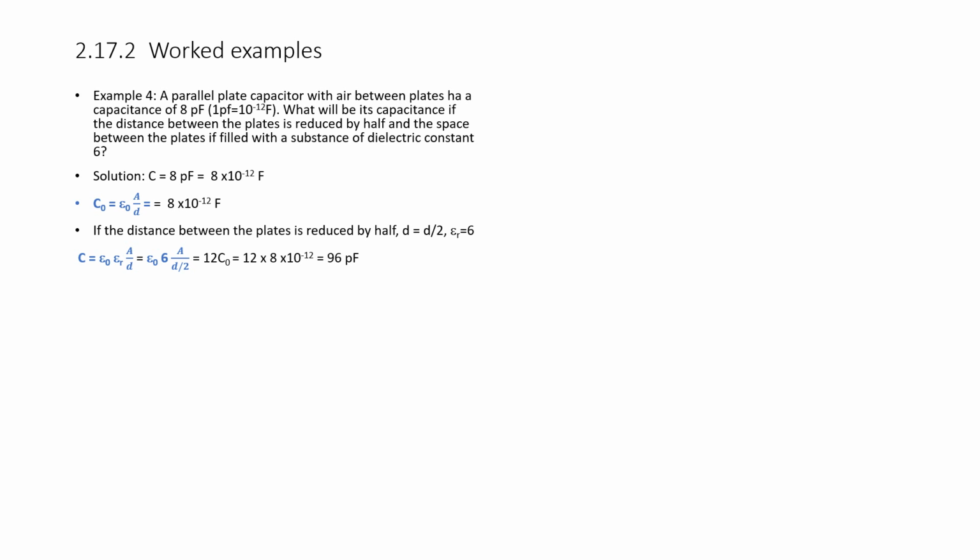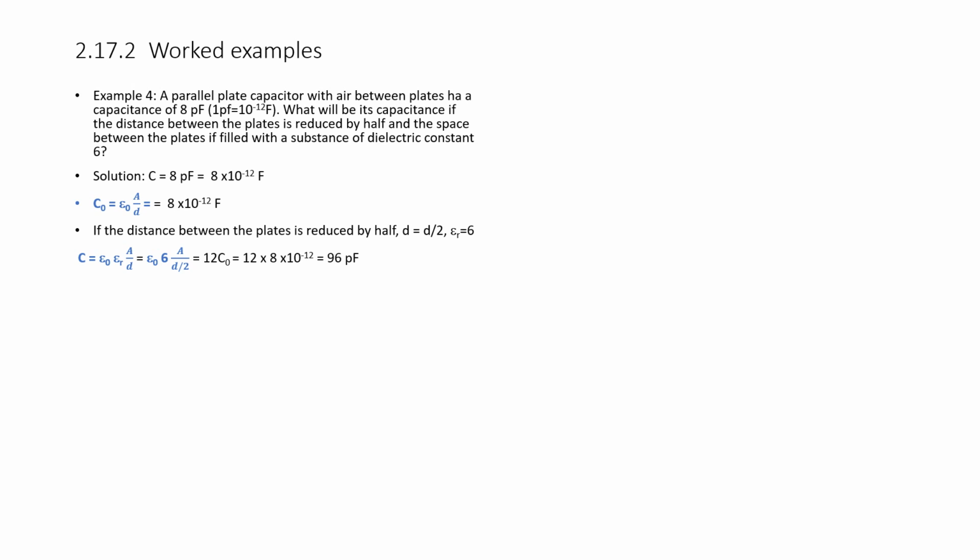Therefore, substituting in the formula C is equal to epsilon naught epsilon r into A by D, we have to find the revised new value of capacitance: epsilon naught into 6, that is the permittivity of the dielectric material, into A divided by D by 2, that is equal to 12 C naught. The 2 in the denominator of D by 2 goes up and it becomes 12.